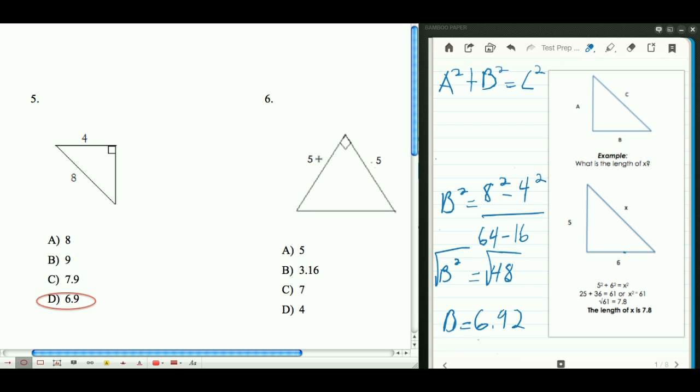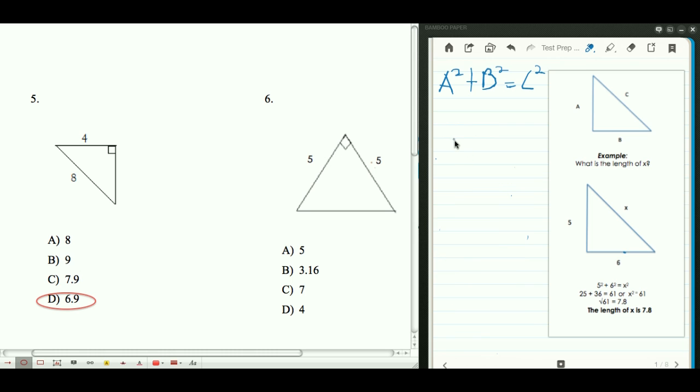Okay, let's try number 6. Okay, so we have the right angle here, so that means this is going to be A or B, and we're trying to figure out C. Okay, so that means we're going to have 5 squared plus 5 squared is equal to c squared. So that's 25 plus 25 is equal to c squared, or 50 is equal to c squared.